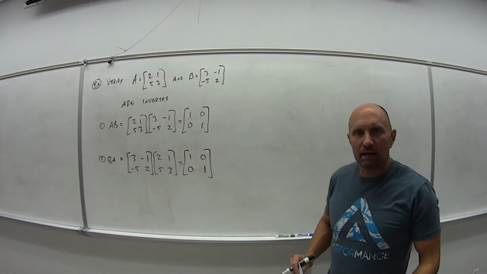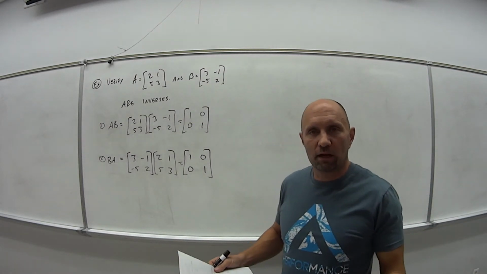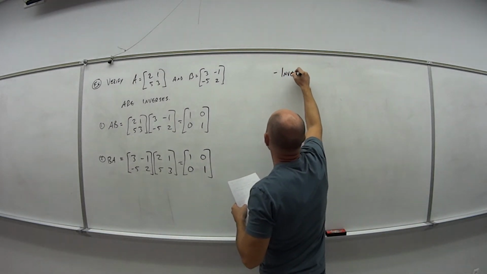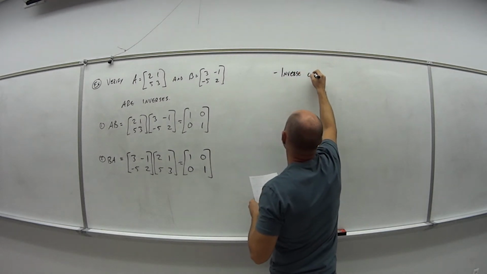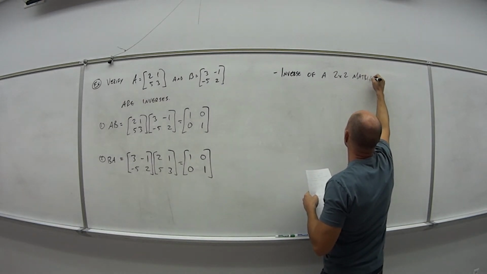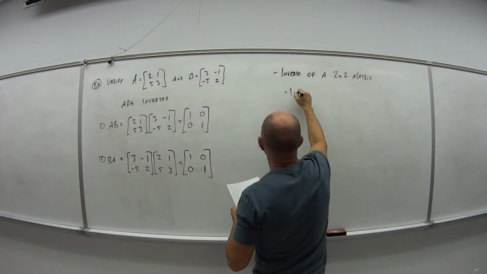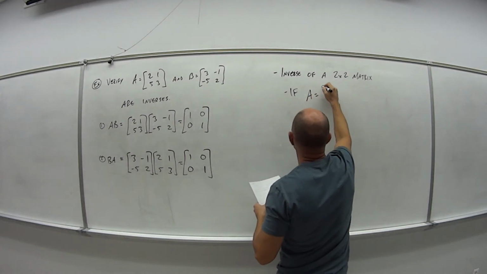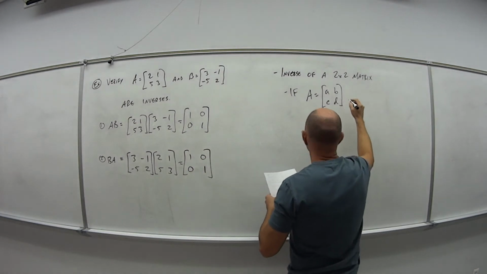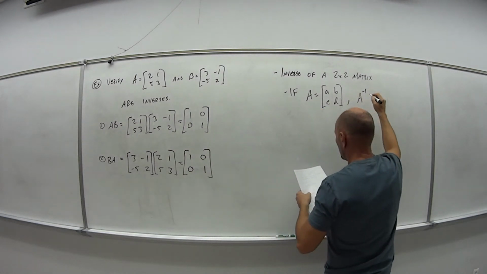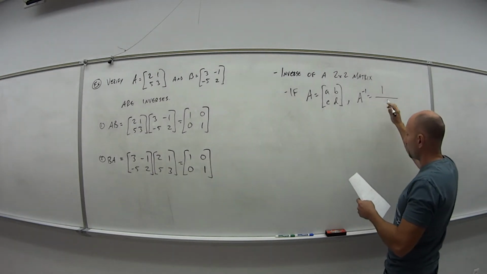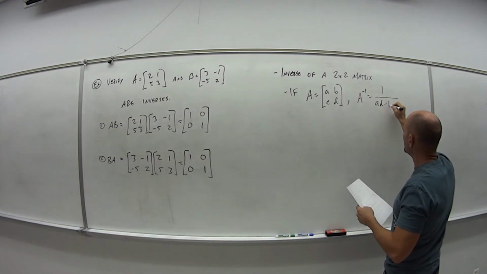So, how do we find the inverse? If I'm given a matrix, how can I find its inverse? Well, with a 2 by 2, it's nice because we have a formula. The inverse of a 2 by 2 matrix: if A is some matrix with elements a, b, c, d, then A inverse is equal to the scalar 1 over ad minus bc.